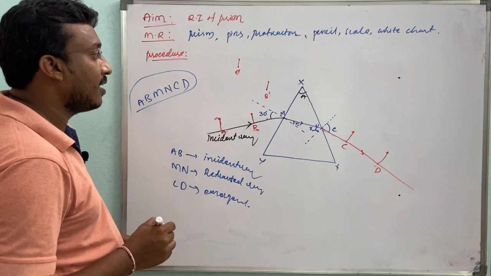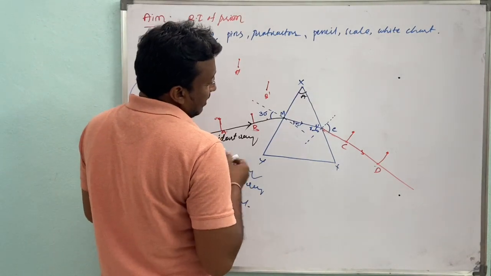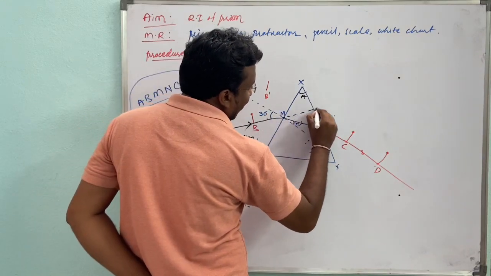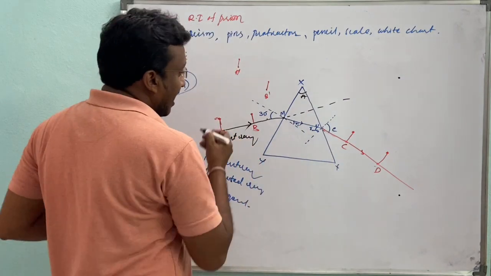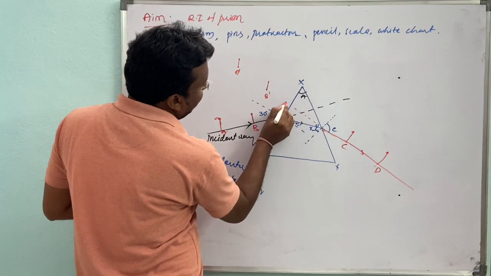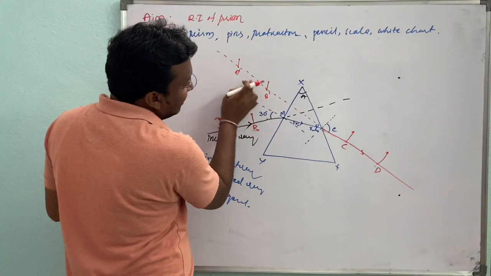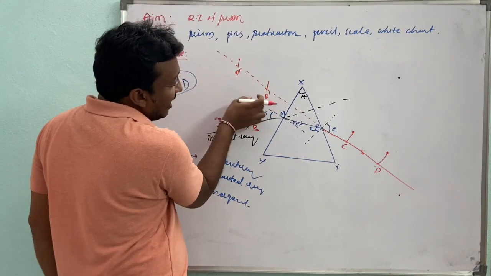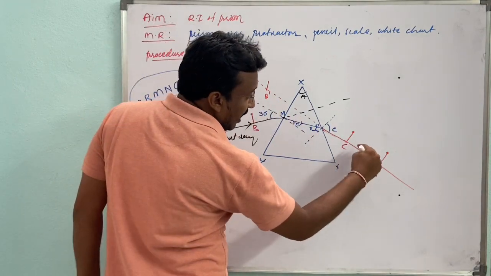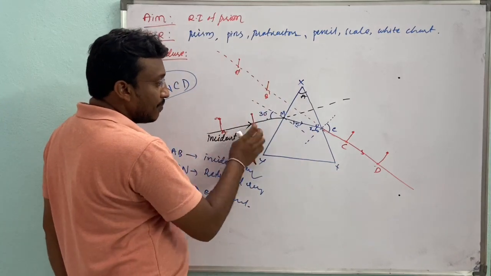Got it? And after that, extend the incident ray forward and the emergent ray backward. That means here, if we extend this emergent ray backward, that emergent ray inside touches the images A dash B dash. Why? Because while fixing these two pins, we have observed the images of these pins A and B only.